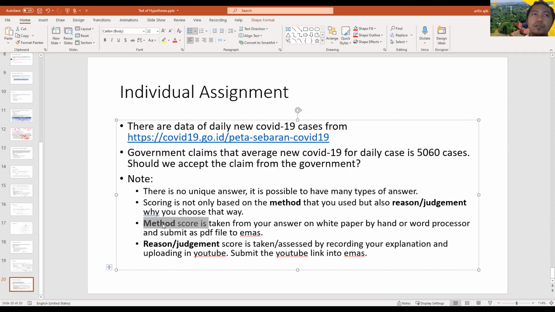Method score is taken from your answer written on white paper by hand or by word processor and submitted as a PDF file to MASS. And the reason or judgment score is assessed by recording your explanation.